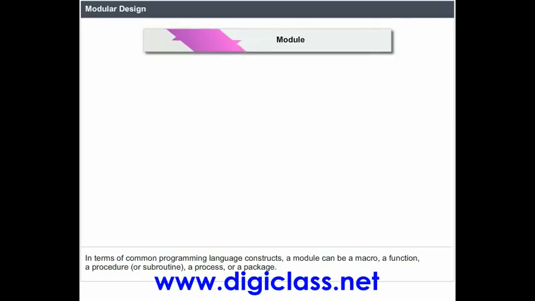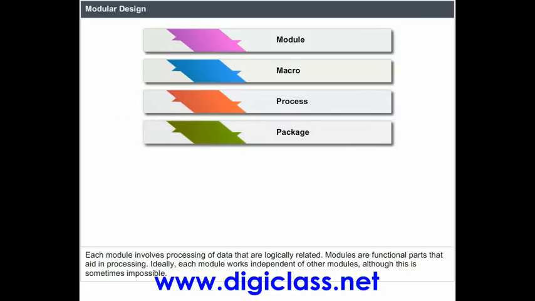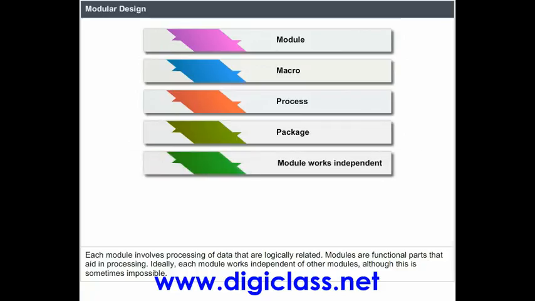In terms of common programming language constructs, a module can be a macro, a function, a procedure or subroutine, a process or a package. Each module involves processing of data that are logically related. Modules are functional parts that aid in processing. Ideally, each module works independently of other modules, although this is something impossible.